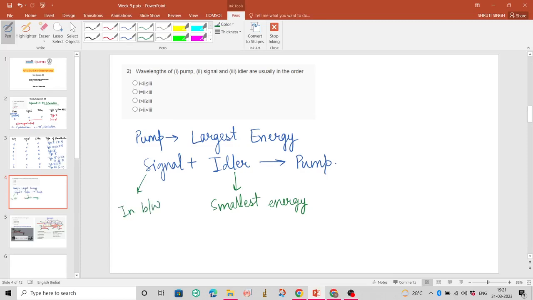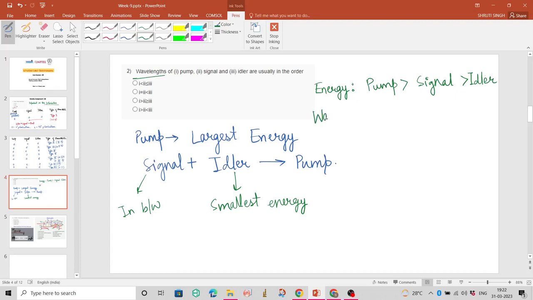So if we classify them in the order of energy, for energy we will have pump greater than signal greater than idler, and in the question it is asked about the wavelengths. So wavelength will be the reverse of the energy order because energy and wavelength are inversely related.